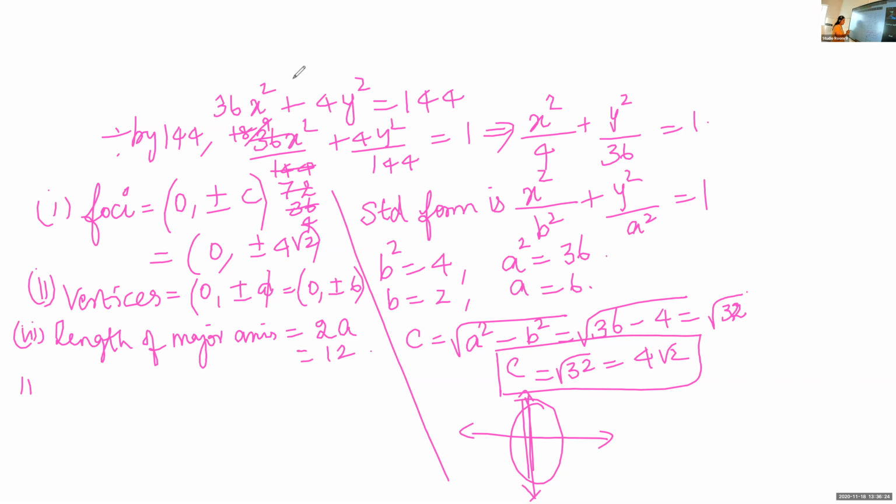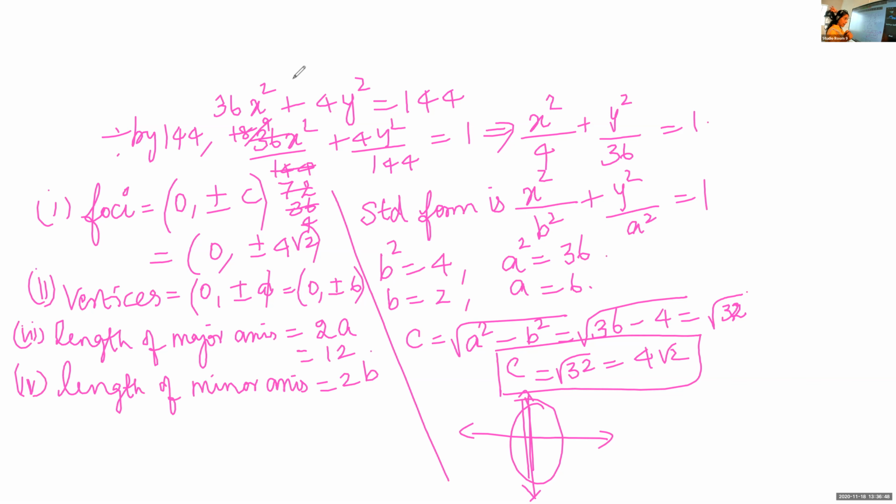Next, fourth one. Length of minor axis. Length of minor axis is 2b. Children, suppose they ask semi-major, semi-minor, semi means half of it. In that case, you will take it as a and b. We are taking the full major axis, so it is 2a.